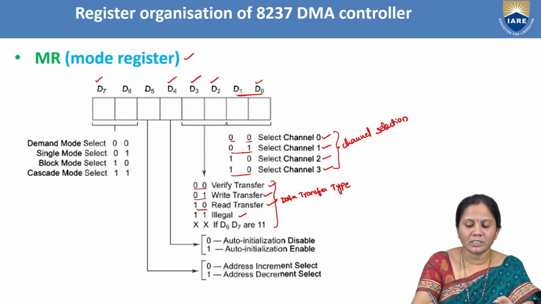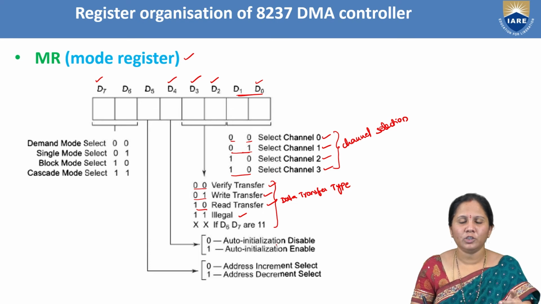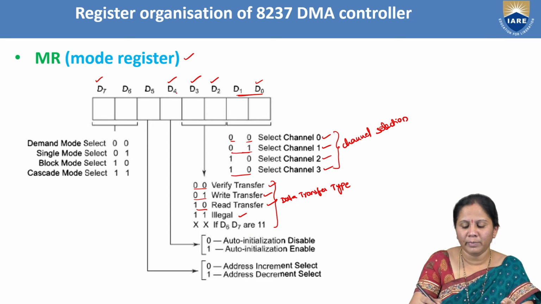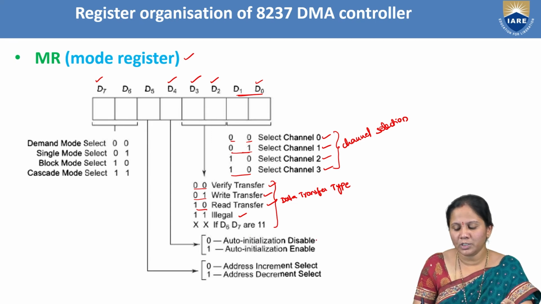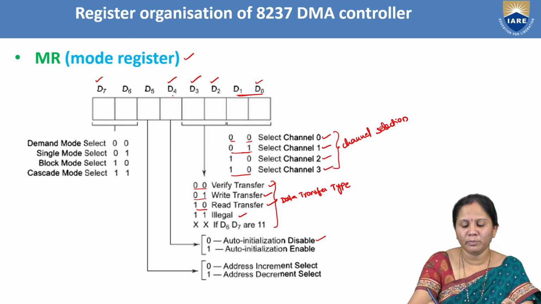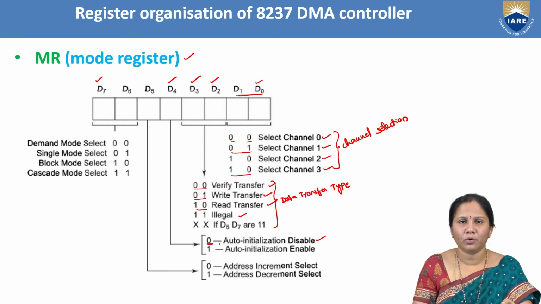And the next bit is the D4 bit. This D4 bit decides whether this 8237 should be working in the auto initialization mode or not. If it is working in the auto initialization mode, the current address register and current word count register will be automatically reloaded. In order to disable auto initialization mode, we have to make this D4 bit 0.